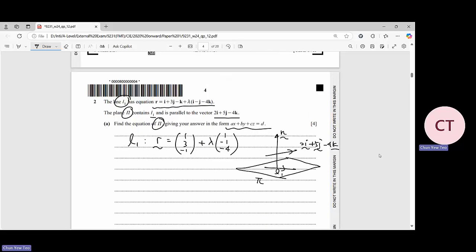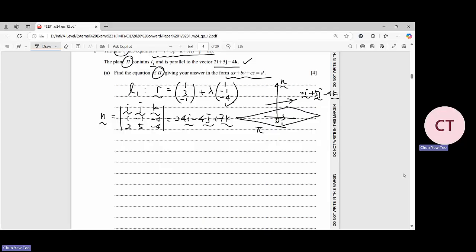Over here to find the normal vector, we just take the cross product between the directional vector 1, negative 1, negative 4 and the parallel vector over here, 2i 5j minus 4k. If we do the cross product, we'll get 24i minus 4j plus 7k. That will be my normal vector of the plane pi.